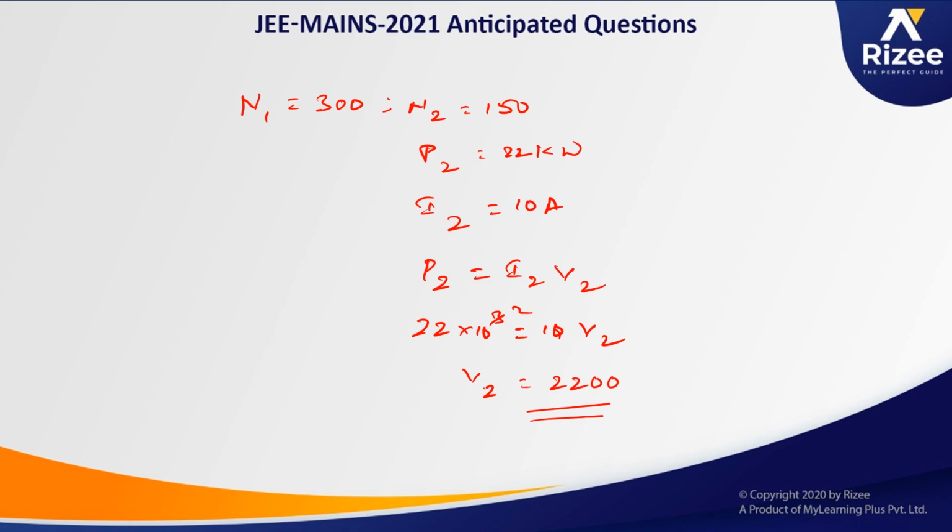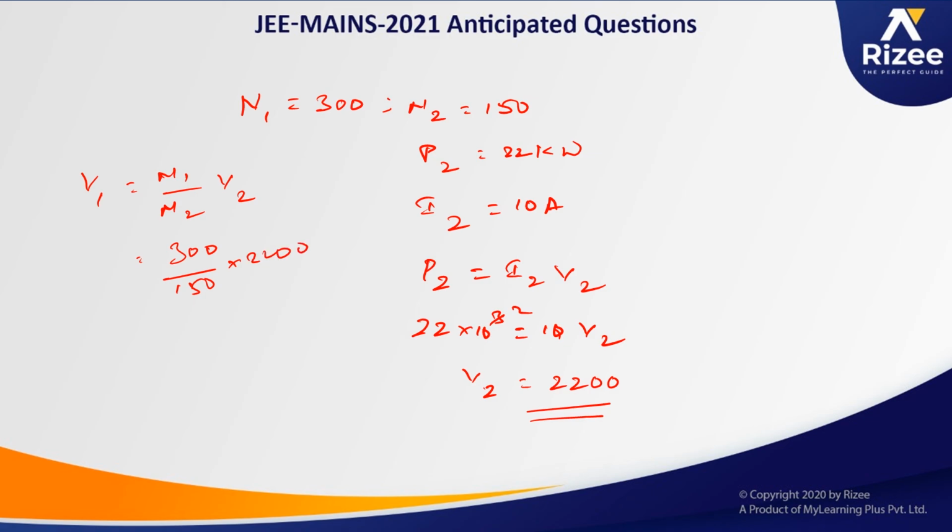As we have got the potential in the secondary, we need to find the current in the primary. The potential in the primary is equal to N1 by N2 into the potential in the secondary. So this ratio will be 300 by 150 into 2200.